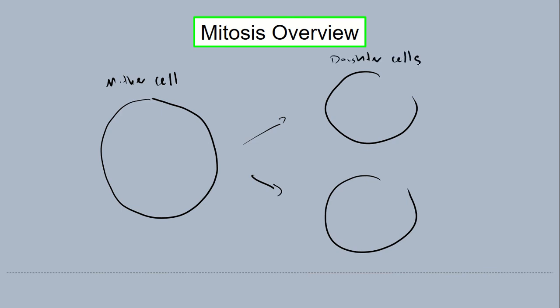The key with mitosis is that these daughter cells are genetically identical, and that's one of the big ways that mitosis differs from meiosis. As we've covered earlier, this mother cell really starts after duplication, so it starts with the genomic content at 4N.